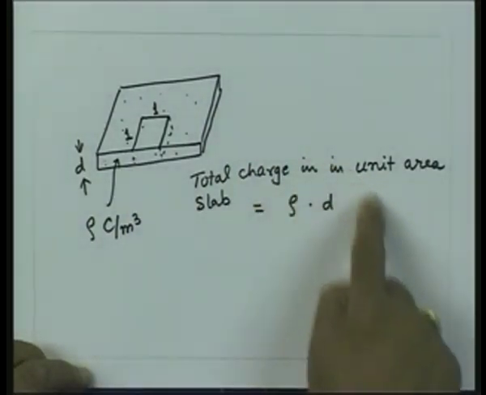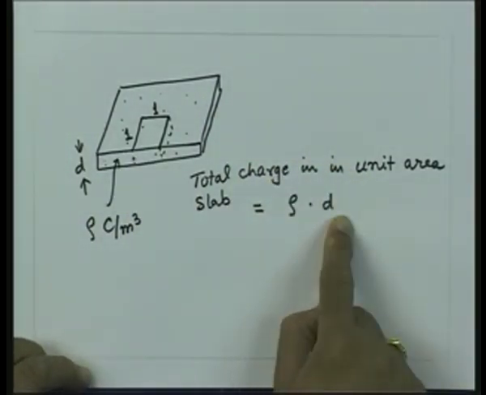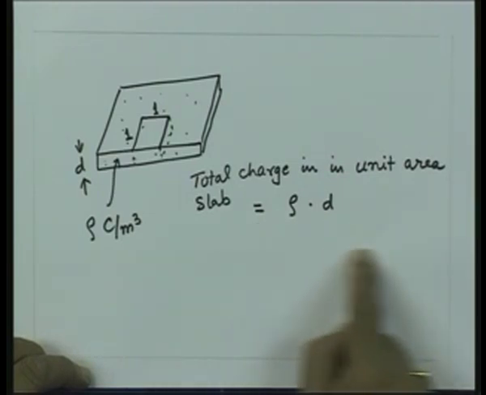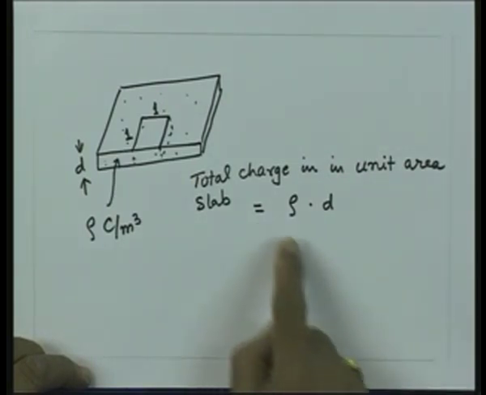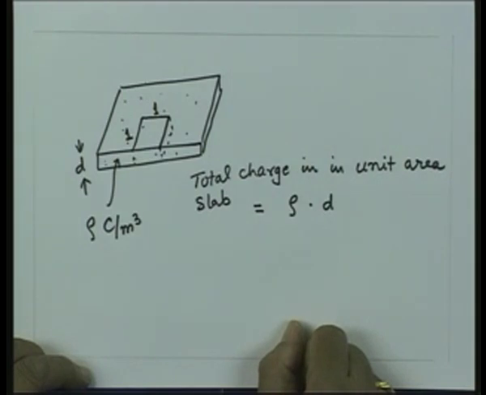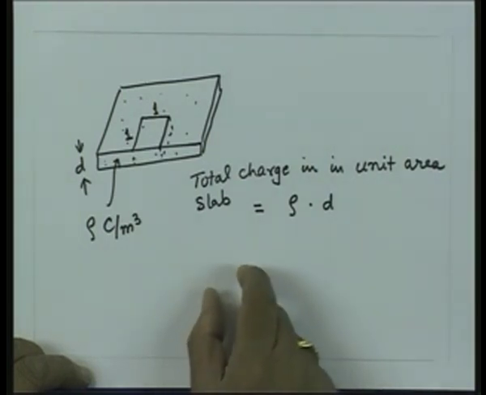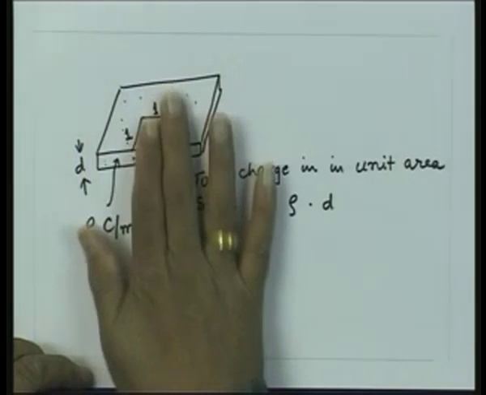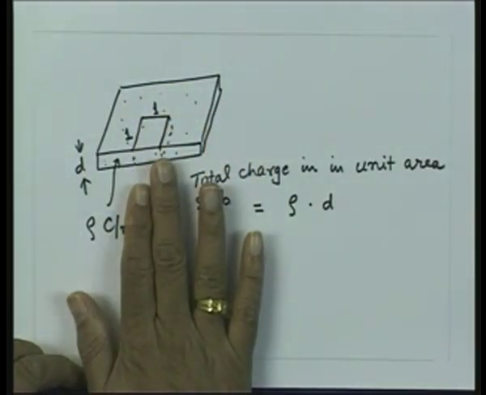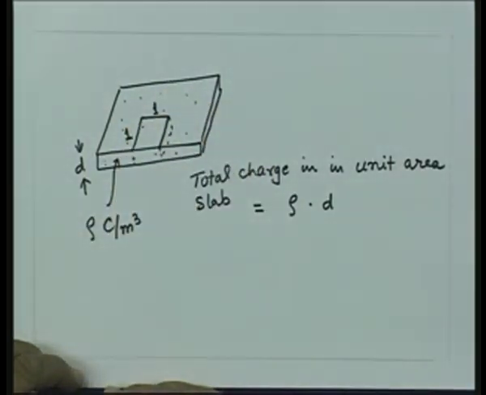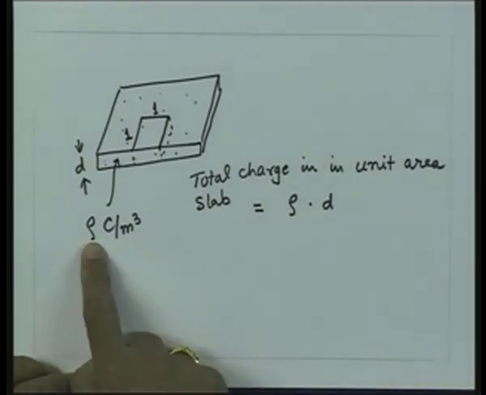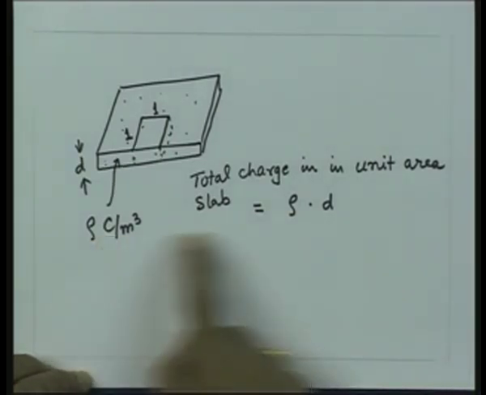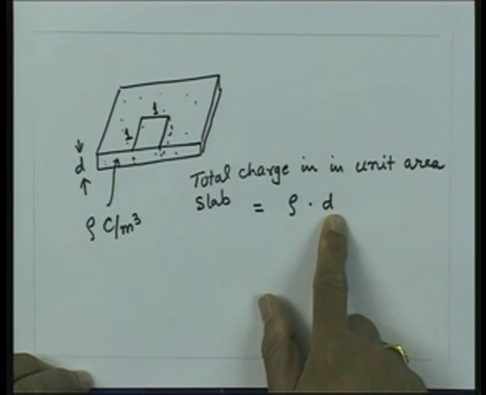So, if I take this quantity rho into d and take a limit when d tends to 0, I get a charge which is distributed on the surface, and that density will be the surface charge density. The units for rho are coulomb per meter cube, and I am multiplying by d.